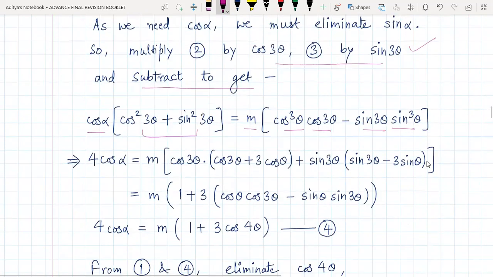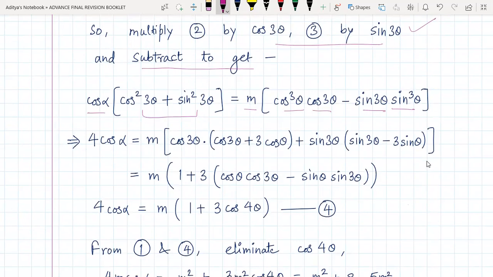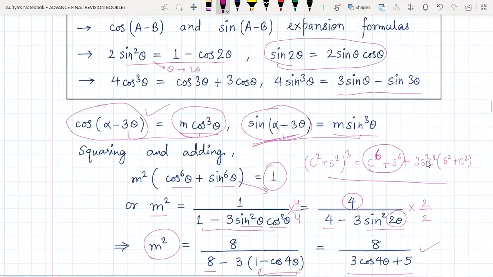Okay. Now we are going to multiply both sides of this equation by 4. On doing that, here we obtain 4 cos alpha, because this is clearly equal to 1 times cos square plus sine square. And here 4 when multiplied by cos cube theta will give us, what is 4 cos cube theta? It is equal to cos 3 theta plus 3 cos theta.